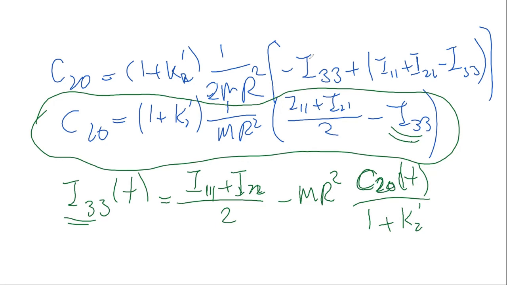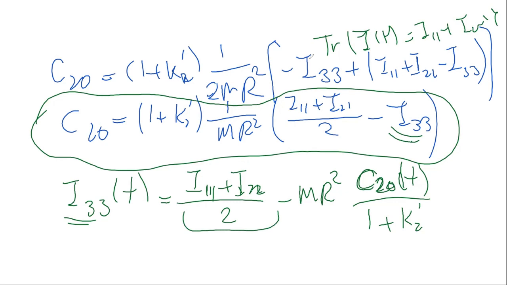So if we define the trace of I, the trace of I bar t, it will be the summation of the diagonal elements, if you remember linear algebra. So I can simply write this in terms of the trace.